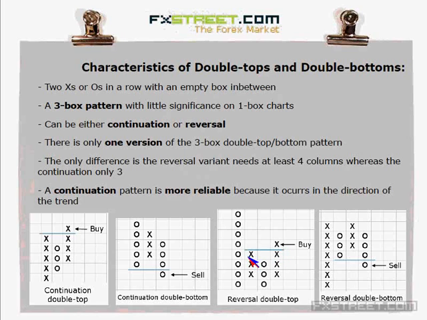So all in all, we need 4 columns for the reversal double tops and double bottoms, whereas in the continuation double top and double bottom, we only need 3 columns.